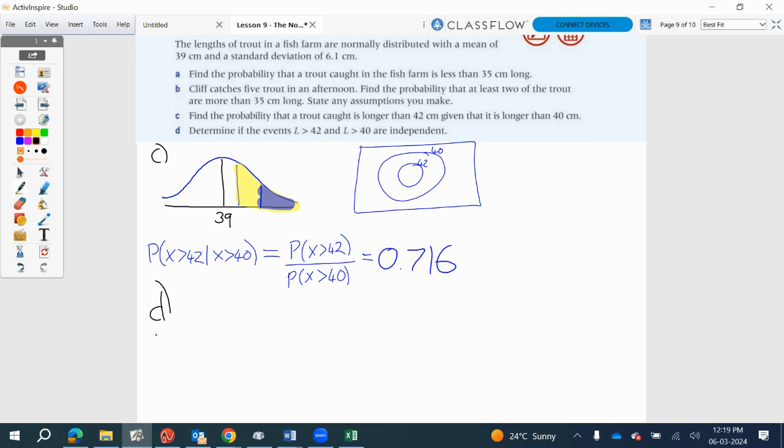Determine if events L is greater than 42 and L is greater than 40 are independent. So what is the test for independence? Mutually exclusive. What is the test for independence?